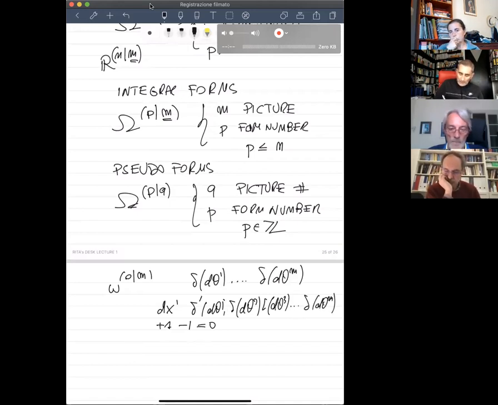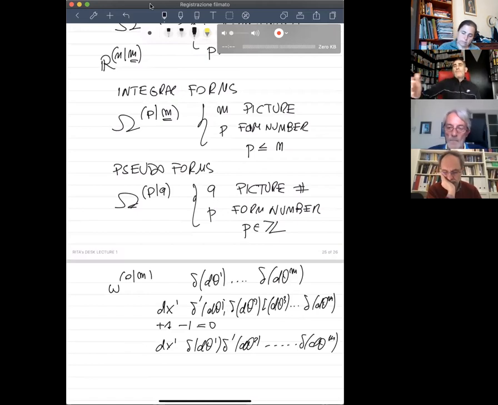Of course, you can also have this one, dx1, delta of dθ1, delta prime of dθ2, for example, and also the others. It doesn't matter where you put the derivatives. You need one derivative in order to decrease the form number. The picture is always the same.